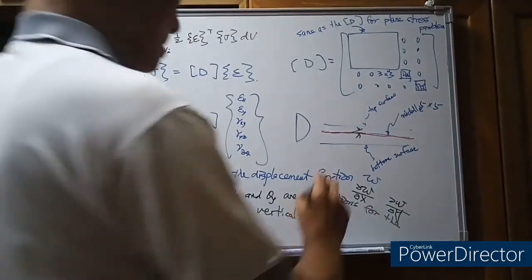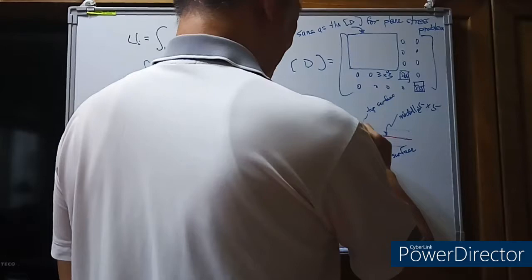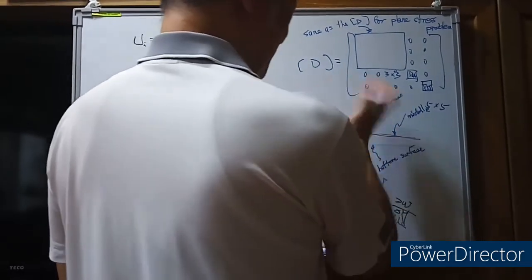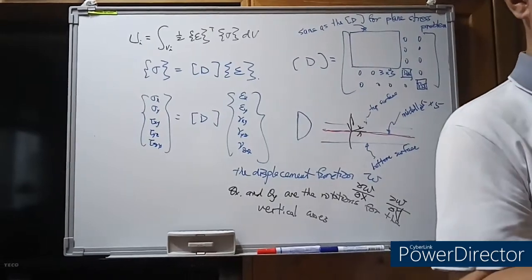Okay, the theta x and the theta y are the rotations of the vertical axis.